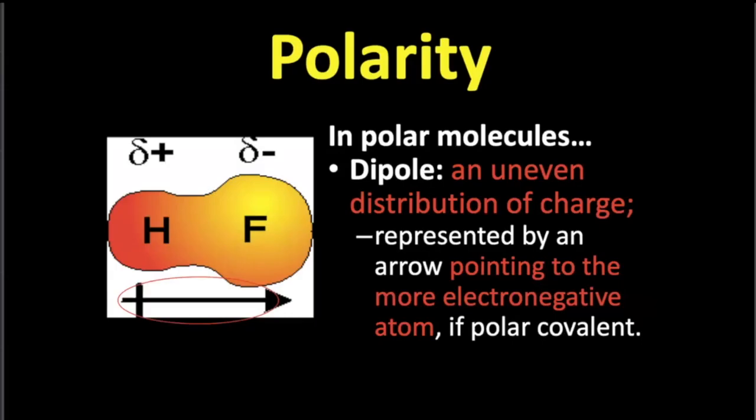And so that arrow represents that uneven distribution of charge. And your atom that is more electronegative, remember, that's how tightly they're holding their electrons. Therefore, the one that is electronegative is going to have a greater pull on that electron. All right, and that's what causes it to be partially negative, and then hydrogen, partially positive.